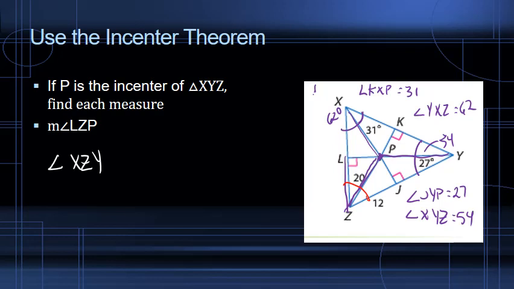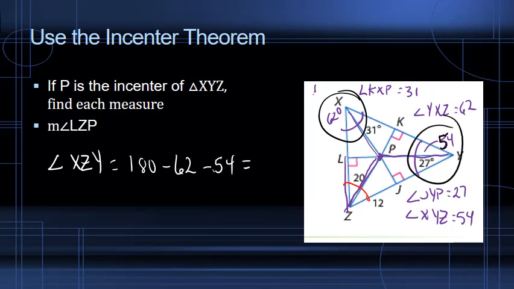It is going to be equal to 180, because there are 180 degrees in a triangle, minus 62 minus 54. I get the 62 from here, and the 54 right there.